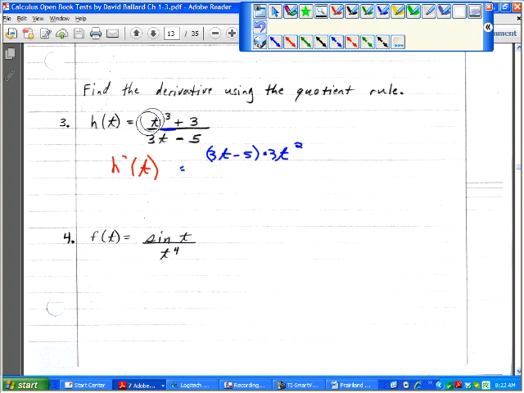Denominator times derivative of numerator, and then minus, because division drops to subtraction in the order of operations. That's a way to remember. Then numerator t cubed plus 3 times the derivative of the denominator, which would be the constant 3, over the denominator 3t minus 5 quantity squared.